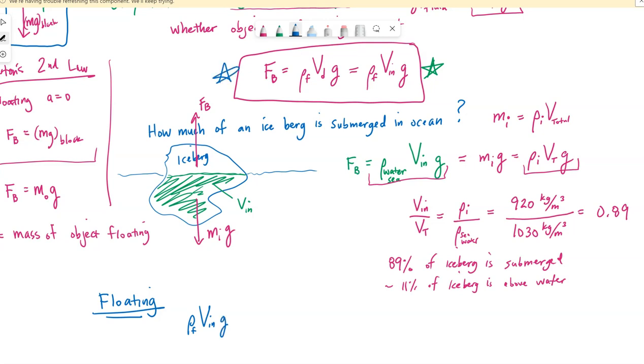So this basic equation for buoyant force is always true, but this buoyant force must equal the mg of the object itself for any object that floats in a fluid.